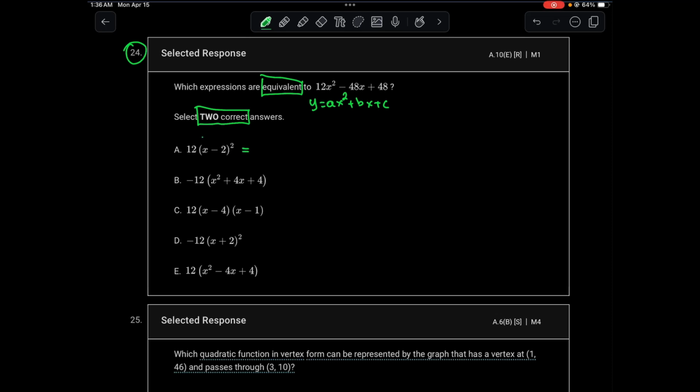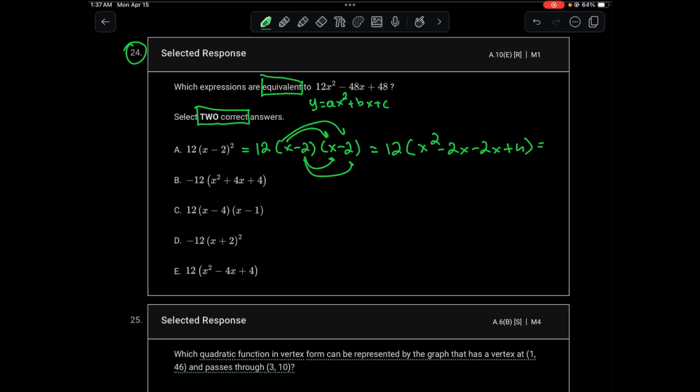Now if you want to do that to this one, let's say you get 12x minus 2 times x minus 2, then you have to distribute and you get 12x squared, and then you have x times negative 2 is negative 2x, negative 2 times x is negative 2x, and the last one, negative 2 times negative 2, is plus 4.